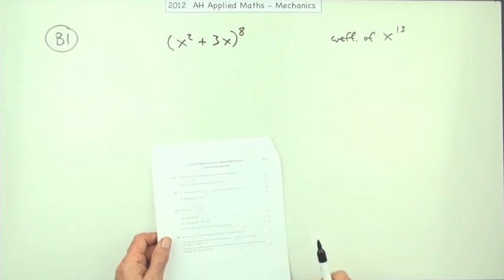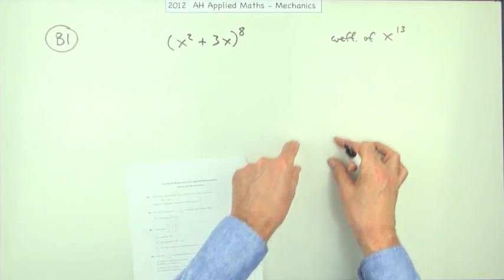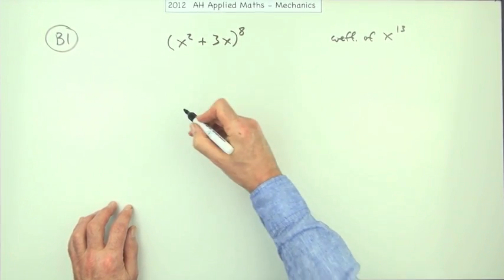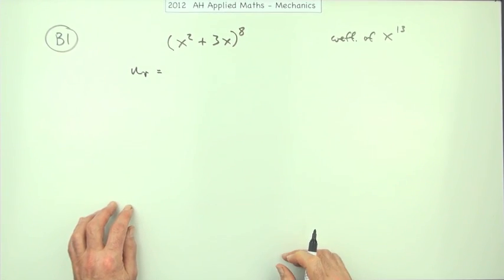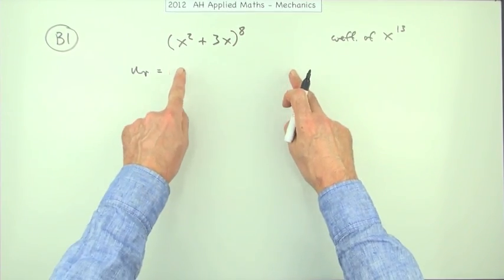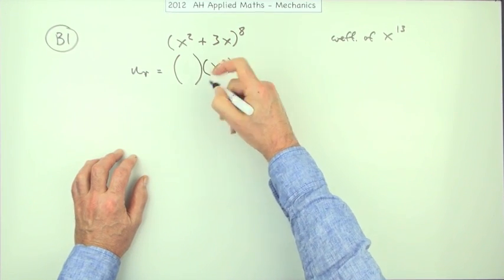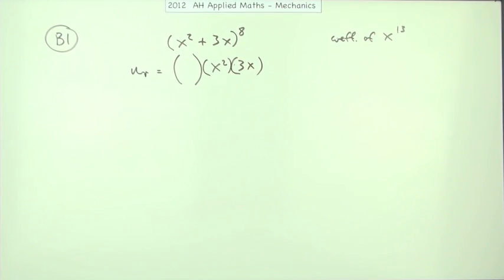And of course, it wants you to write down the general term first, so you don't just simply expand it all and then pick out that term, so that you show a little understanding of the pattern involved. Well, any particular term would have the same form, which is there's a coefficient, there's a certain power of the first part, and there's a certain power of the second part.